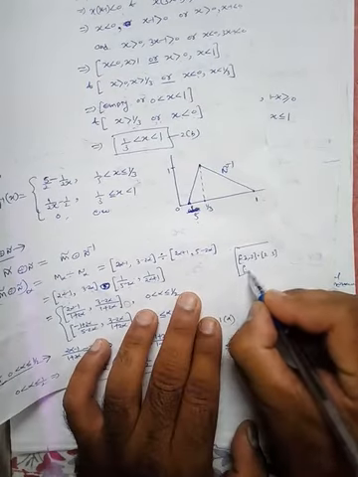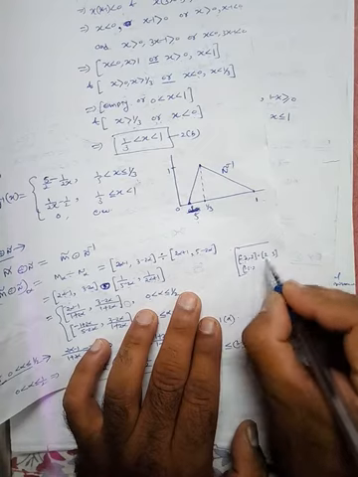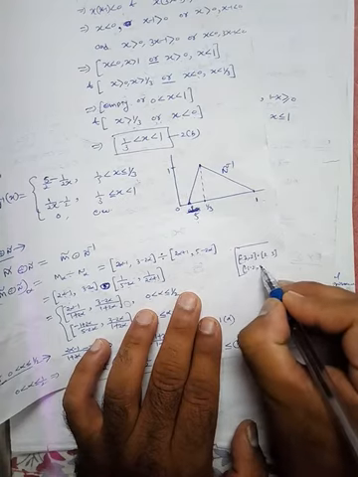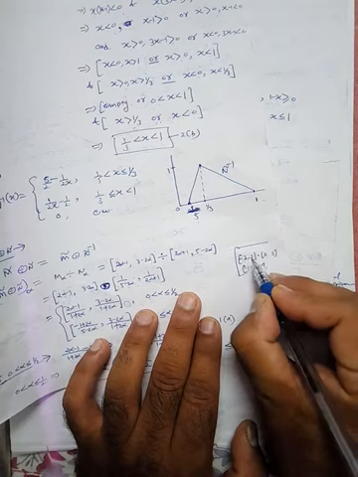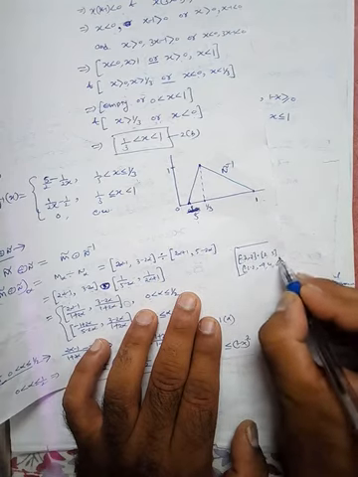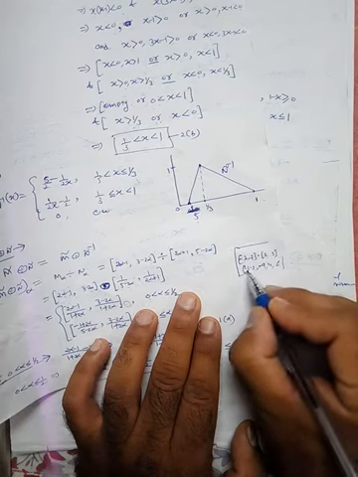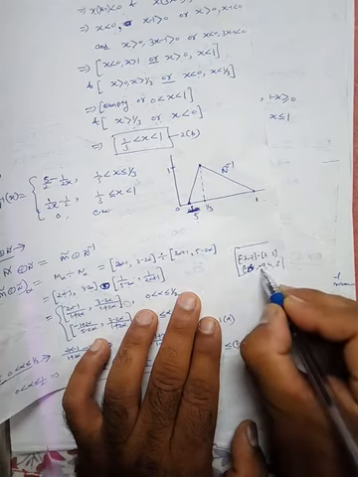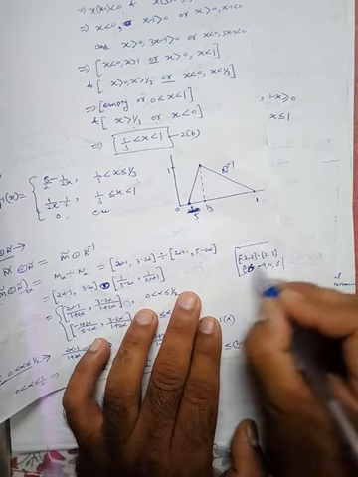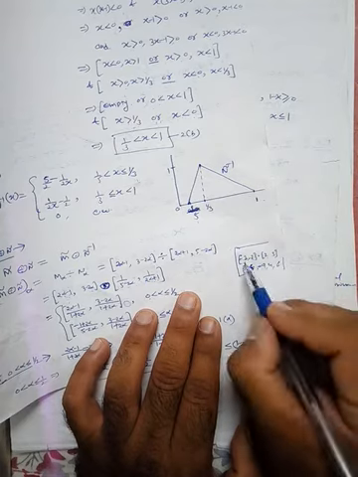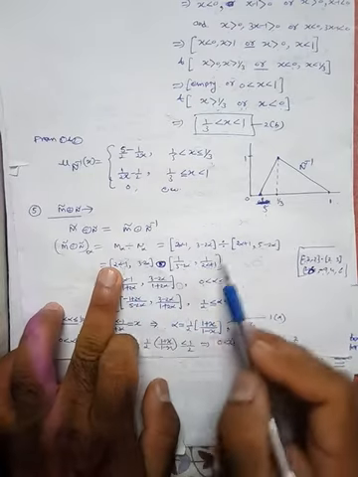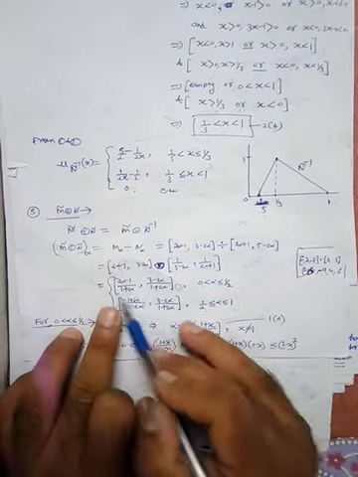So among these, -3 into 2 is -6, -3 into 3 is -9, then 2 into 2 is 4, and 2 into 3 is 6. Among these four values, which are -6, -9, 4 and 6, you will see that the least value is -9, and this is from -3 into 3. Similarly here, when you multiply this quantity with this, you will get the least value.